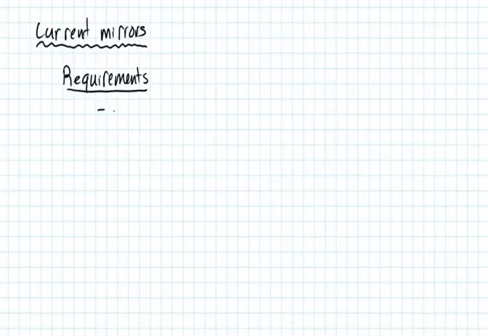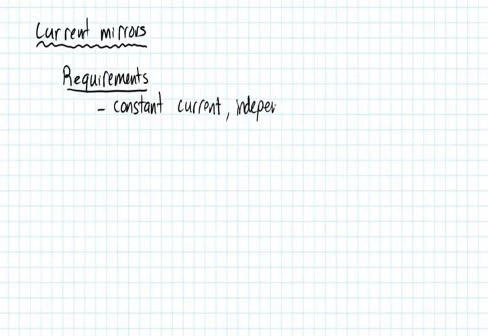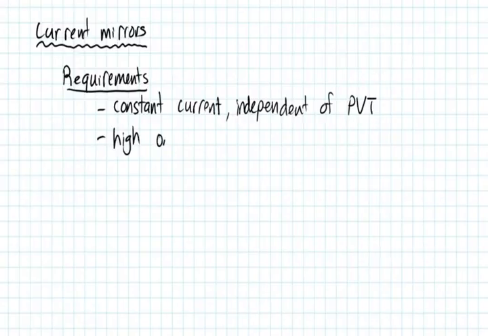They should output a constant current, ideally independent of process, voltage, and temperature variation, and they should also have a high output resistance. And it turns out that achieving both of these goals is extremely difficult.